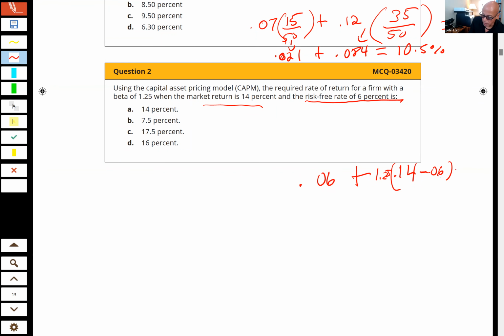And when I do the math on all that, I get this correct answer here, which was 16%. We had one choice for 14%. I'm not sure where 14% came from, but we'd have to adjust that market rate of return appropriately for what's going on with the company, and then of course backing out the risk-free.